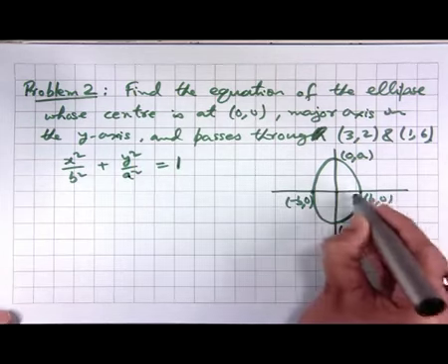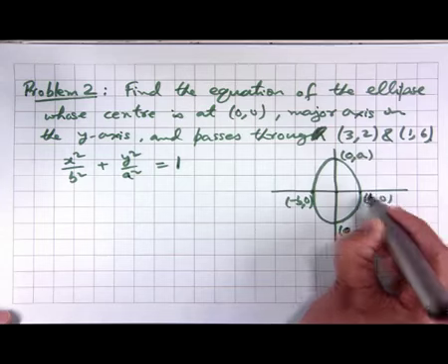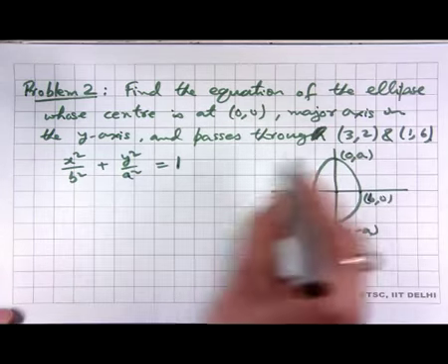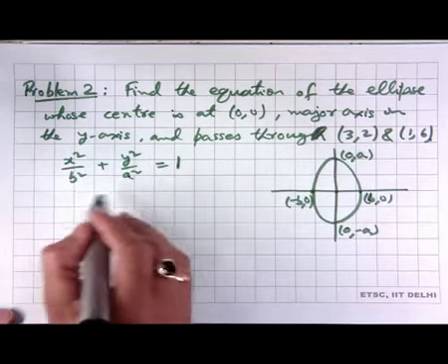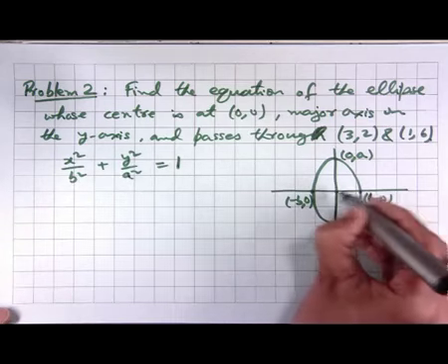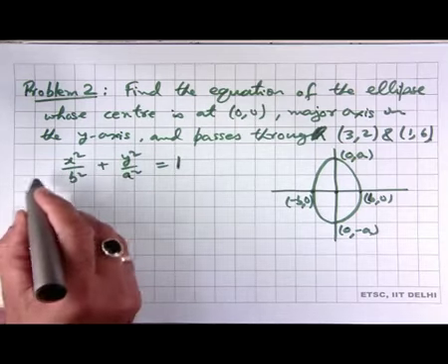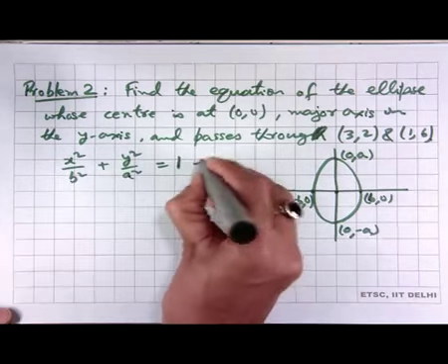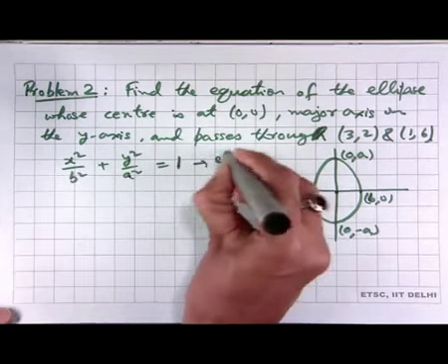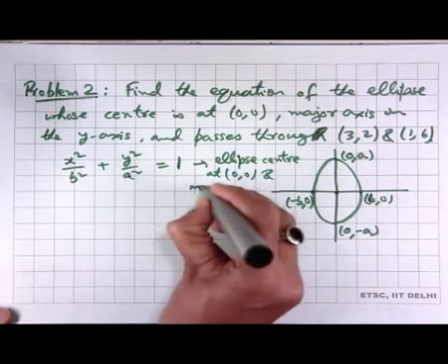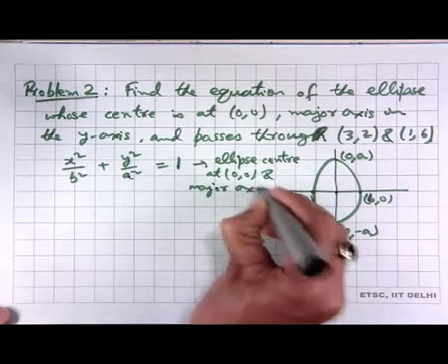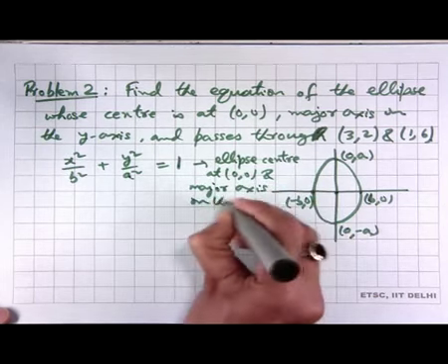Note that here I have taken this as (b, 0) and (0, a). Now, this is the equation of an ellipse whose center is at the origin and major axis on the y axis.